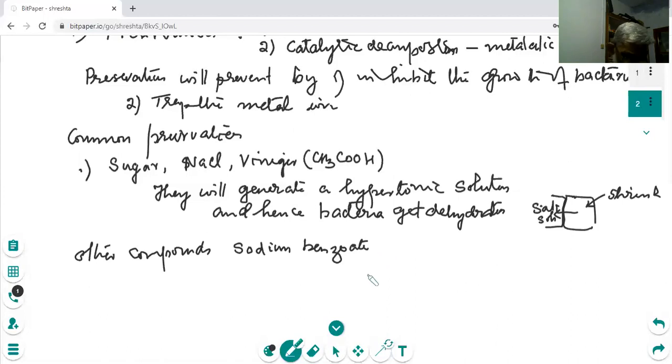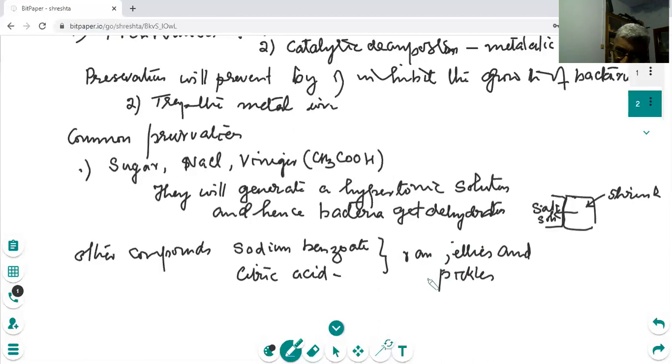This is very commonly used in jams, jellies, juice, pickles. Similarly, you have citric acid. Citric acid is again used in jams, jellies, and pickles. They use both the substances.